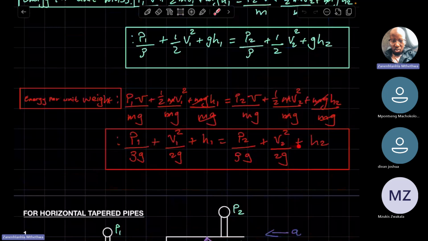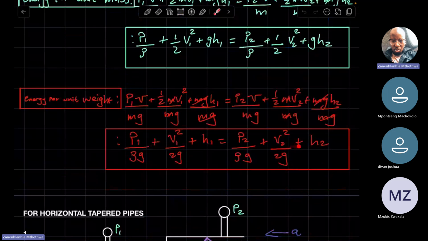So the energy per unit weight. Remember that I said the standard energies that are expressed in Bernoulli's theorem, that's your pressure energy, your kinetic energy, and your, what is this?